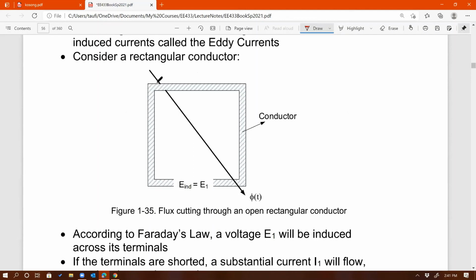So imagine flux flowing into this rectangular conductor with respect to time. If the conductor has an open terminal right here, you're going to get voltage induced across this terminal. Let's see if I can define.